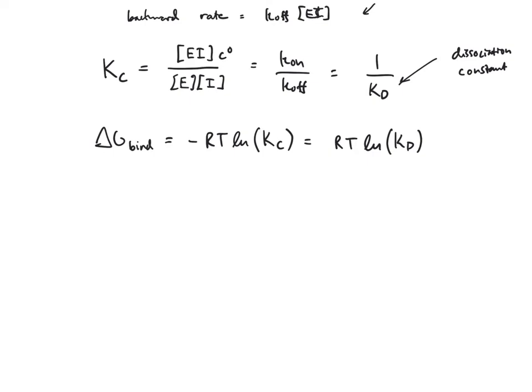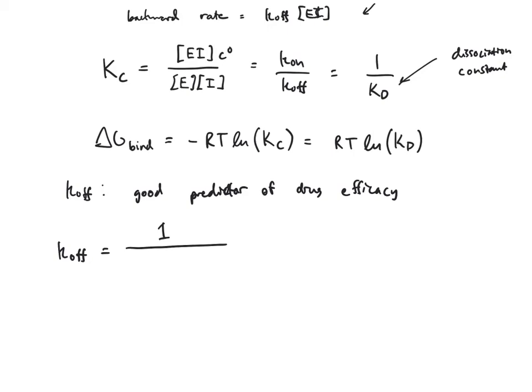Now the last thing I want to say about this is K off is a quantity that is very good as a predictor of drug efficacy. So how effective the drug is at inhibiting its target. Why is this? The reason for this is that the K off happens to equal 1 divided by time spent in complex.